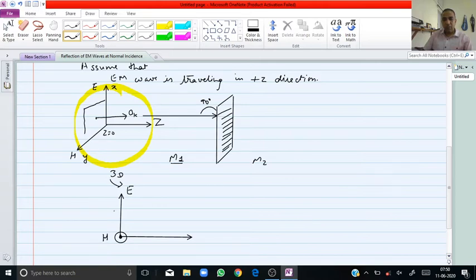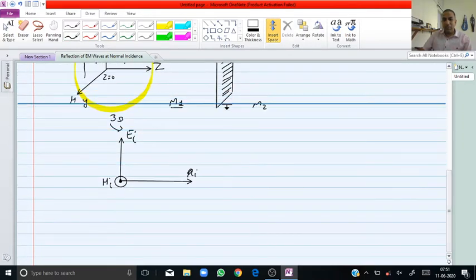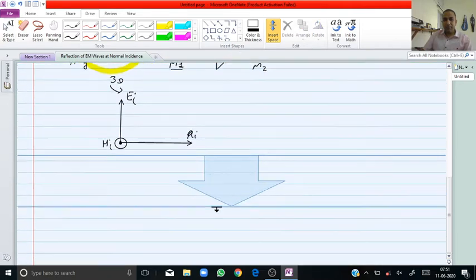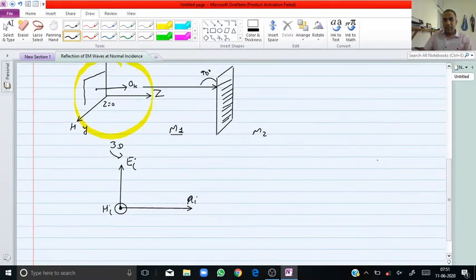Now assume that this incident wave is denoted by EI and HI, so that this will be your aI, where aI is the propagation vector. Okay, now if this gets reflected back from this surface, then what will happen?